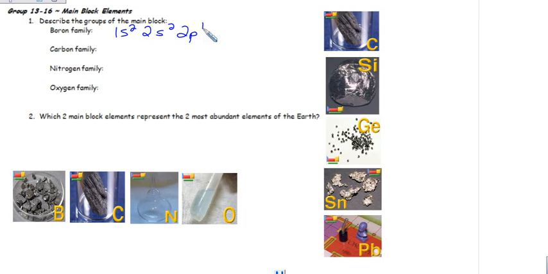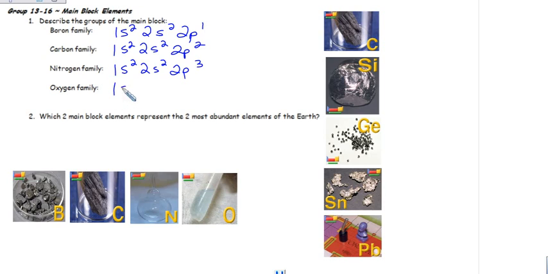Let's go across to carbon: 1s2, 2s2, 2p2. Nitrogen: 1s2, 2s2, 2p3.